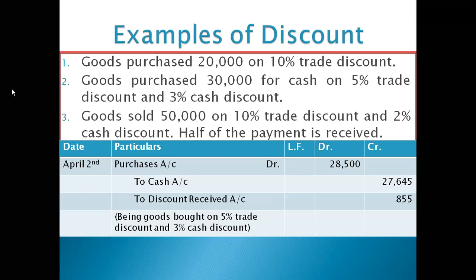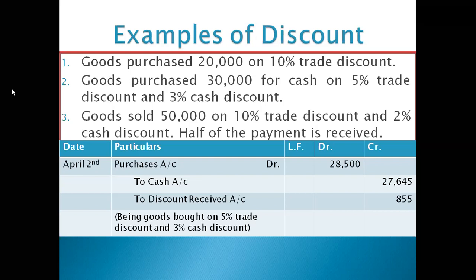The next is goods purchased 30,000 for cash on 5% trade discount and 3% cash discount. So the entry would be purchases account debit. So after deduction of trade discount, the total amount remaining would be 28,500. So to cash account 27,645. Here the full amount of cash was paid, so the discount is given on the full amount. And the discount received amounts to 855.